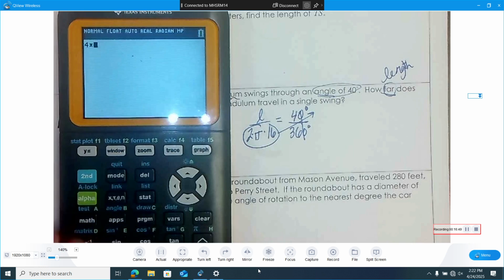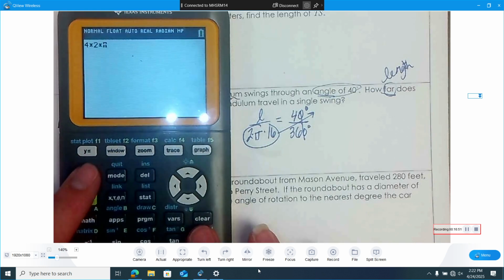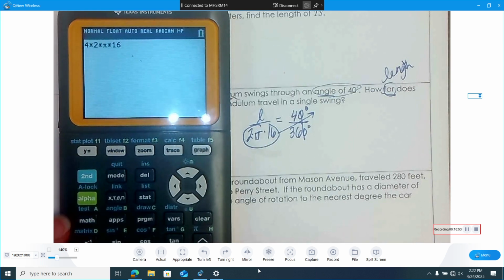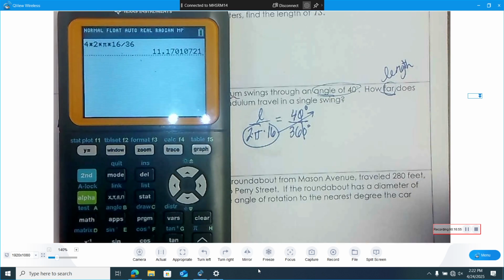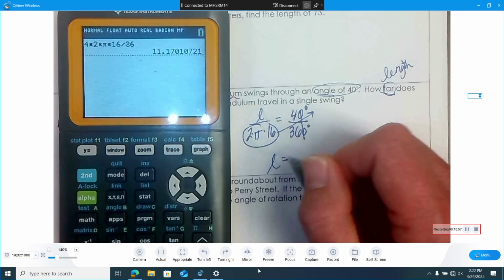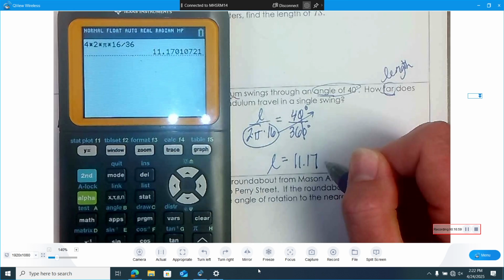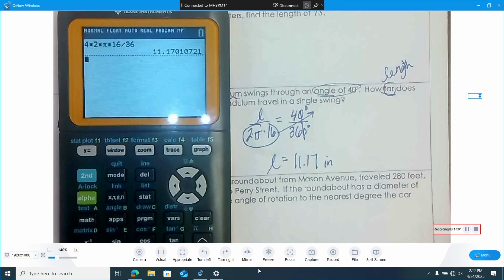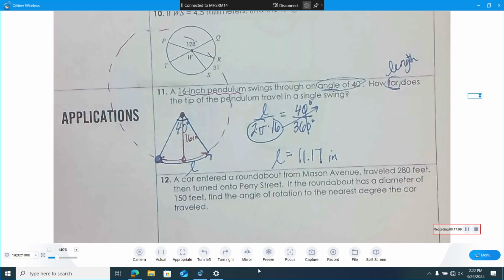So 4 times 2 times pi times 16 divided by 36. L equals 11.17 inches. Okay. Good? All right, last one here.